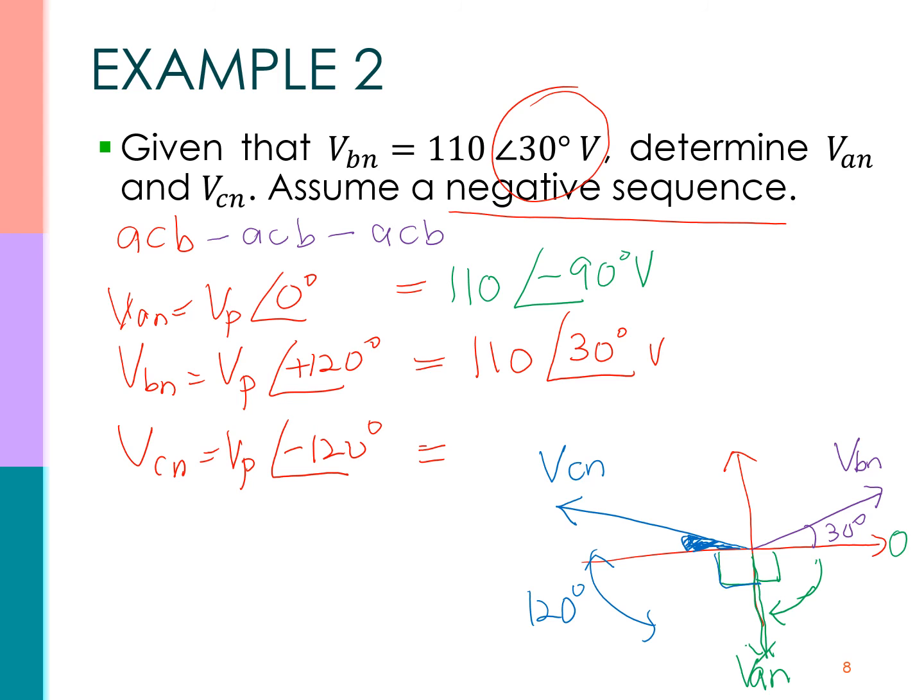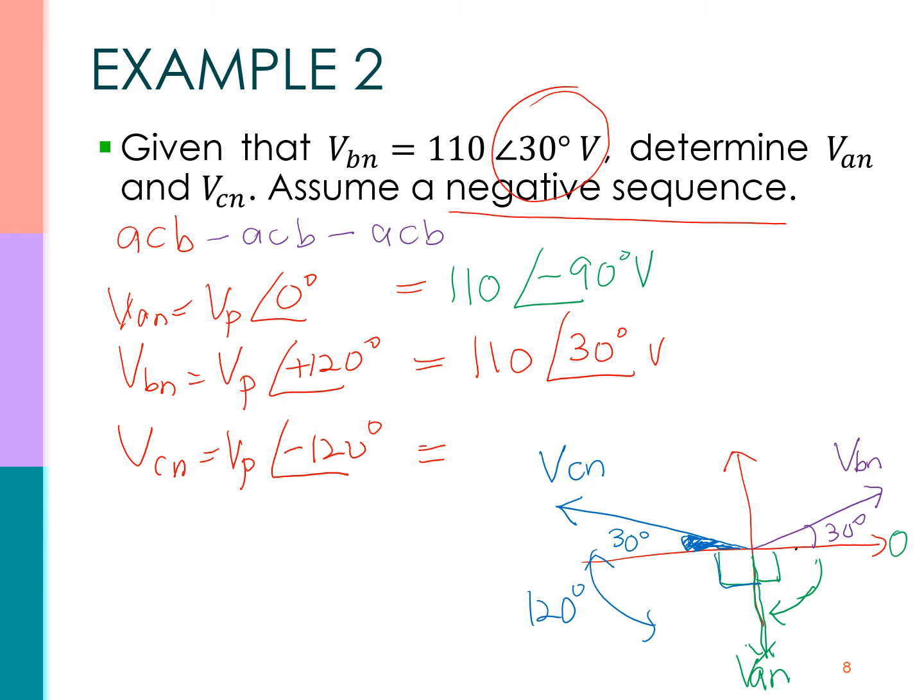So the balance is 30 degree. To determine the angle for VCN, we take the reference as 0 degree.